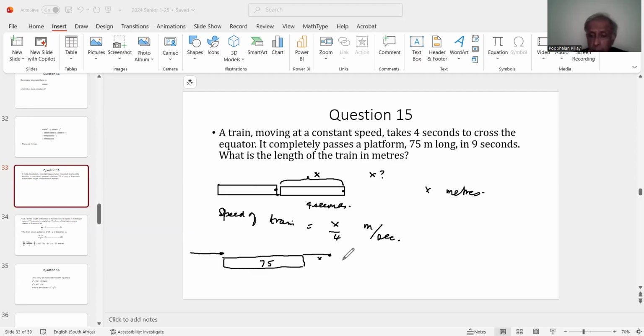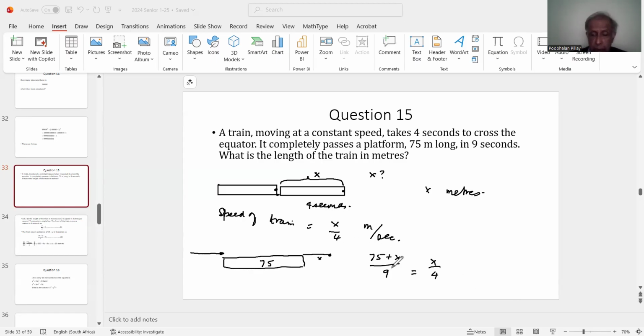So it covers 75 plus x meters in 9 seconds. Right? So this tells you the speed is 75 plus x over 9, and it's traveling at constant speed. So this is the same speed as the one that we had before.